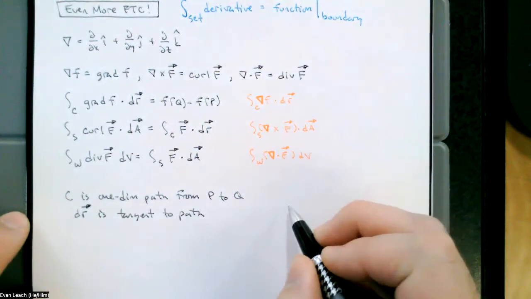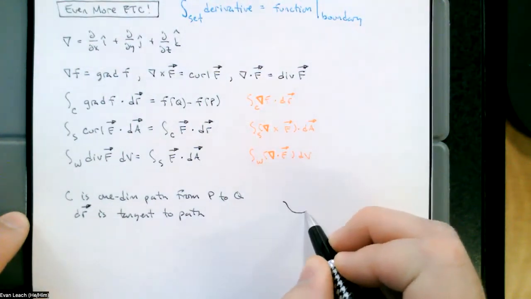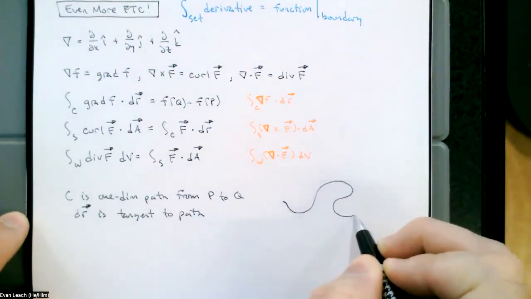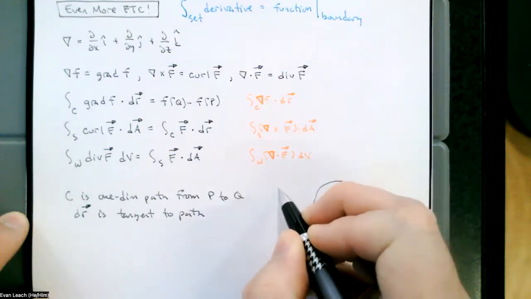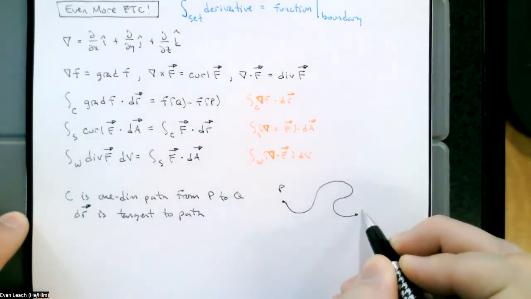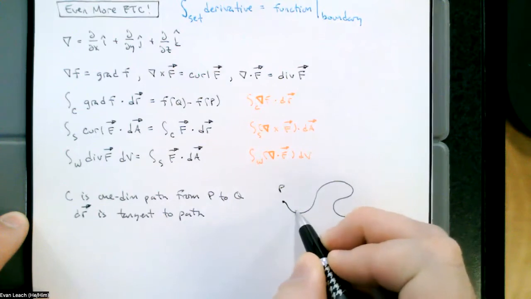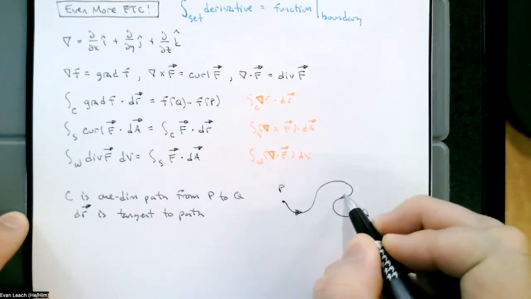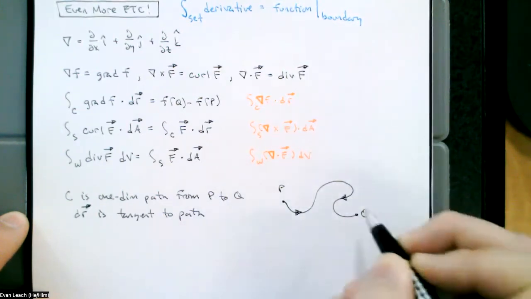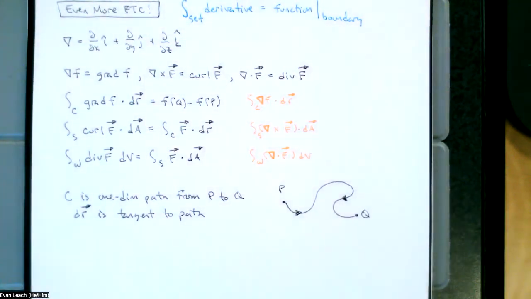So we have some path from P to Q, and then dr is just the direction of the path at a given point.